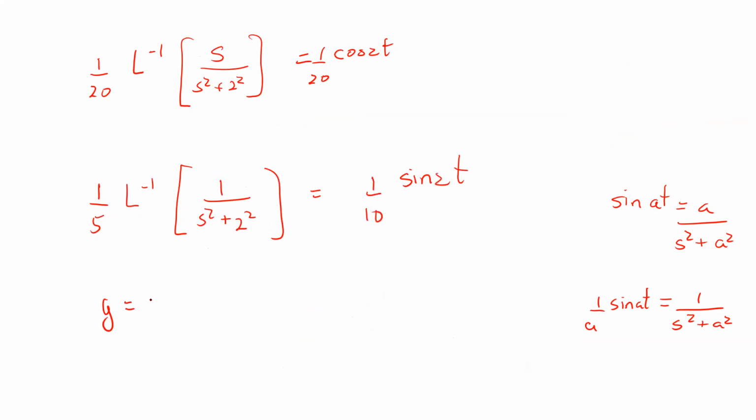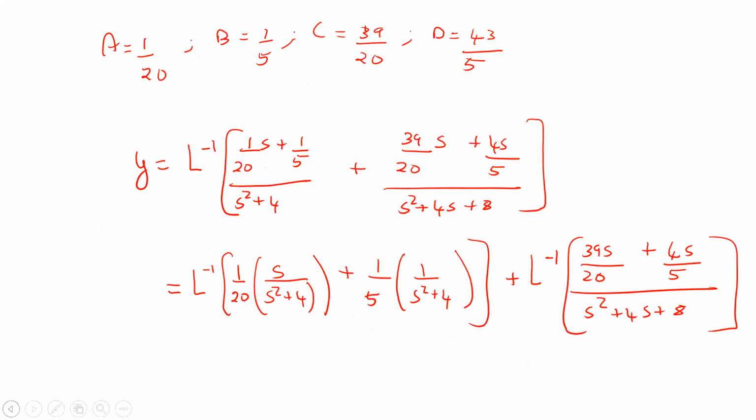So first we have 1 by 20. We found the inverse of this big quantity.